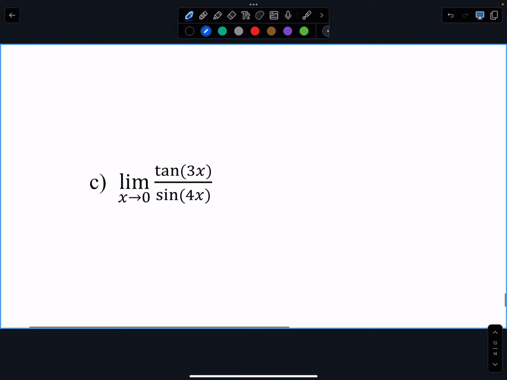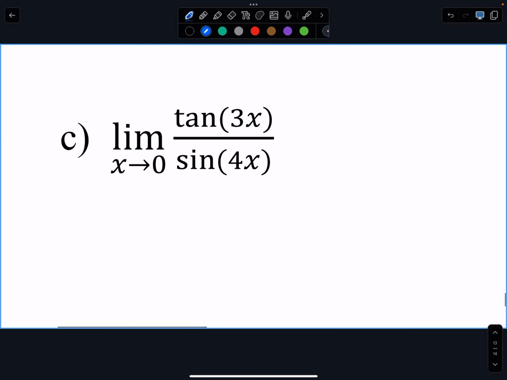Okay, next one. Did we get started with this one? This one's a little trickier. This person, can you cancel 3 over cosine? I don't see a 3 over cosine. When it shows up. Does it?